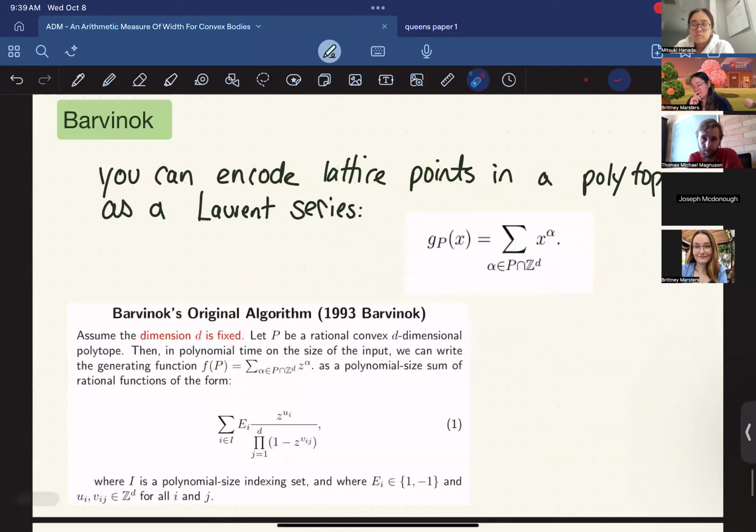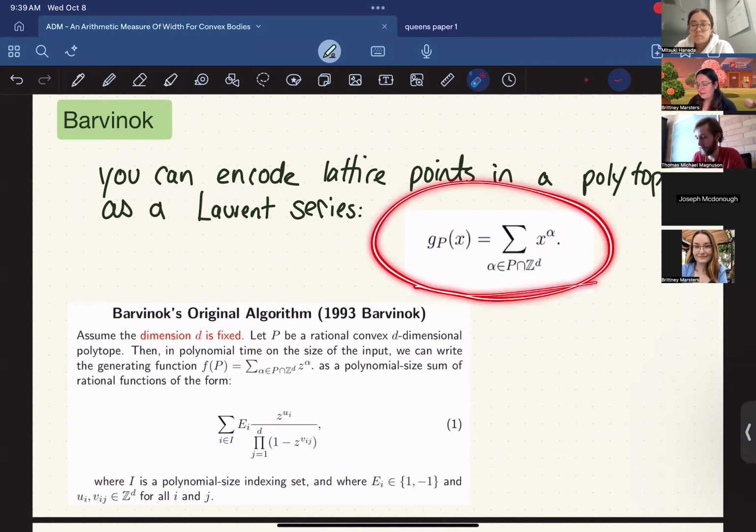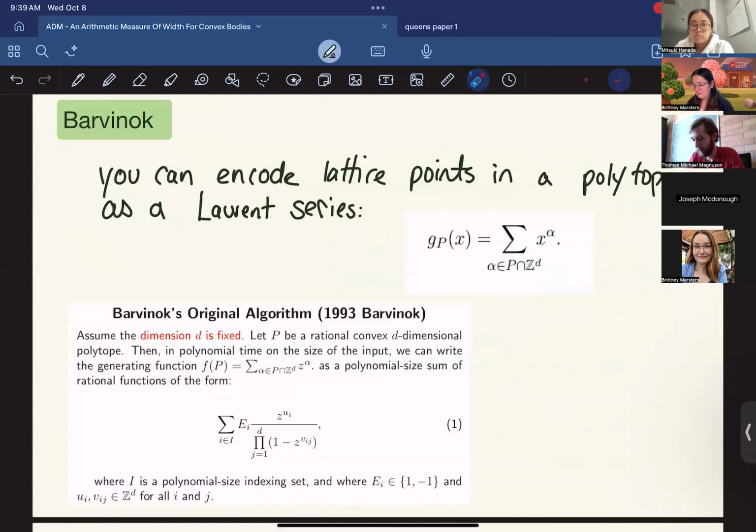And Barvinok's algorithm basically says that in polynomial time, I can take this potentially infinite series and express it as a signed sum of rational generating functions, okay? They do this with some nice cone decomposition, if you're familiar with those sorts of things. But the key thing here is you can do this in polynomial time, right?